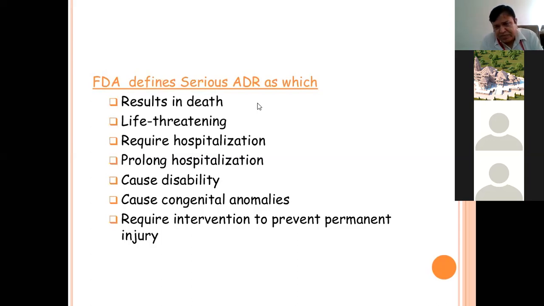Congenital anomalies means abnormalities in the fetus or during the birth or after the birth, abnormalities occurring in a newborn baby, and requires intervention to prevent permanent injury. These are the guidelines that define serious adverse drug reaction by FDA.